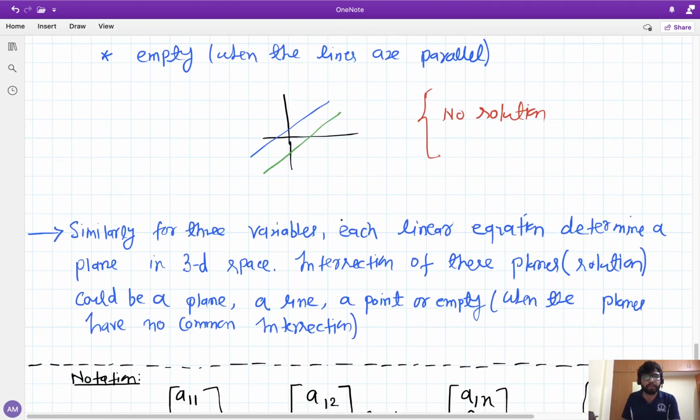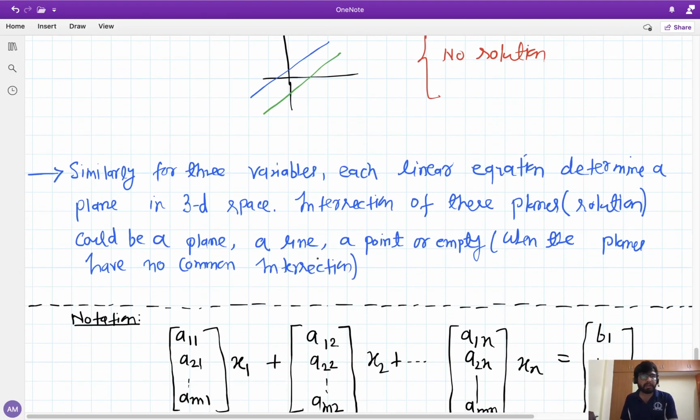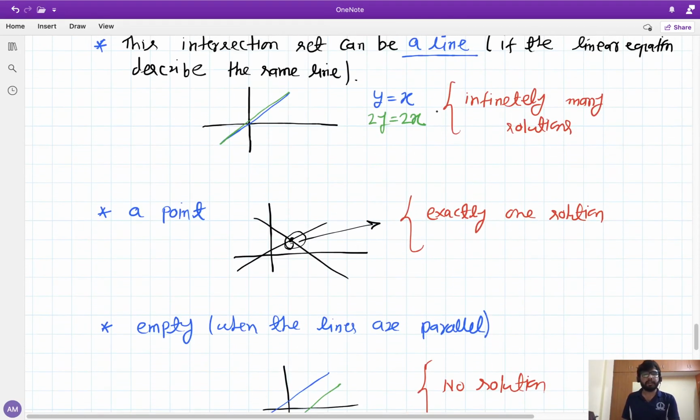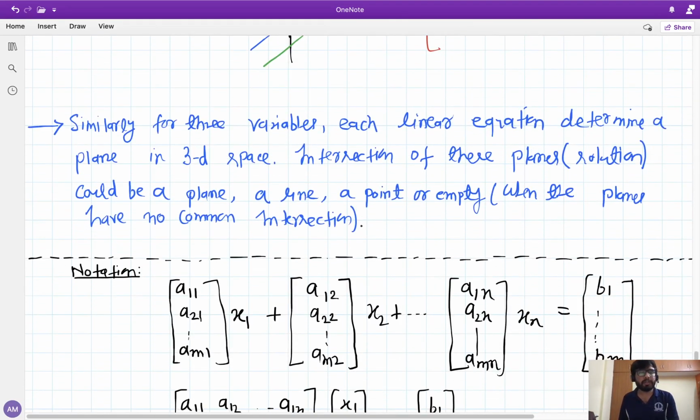When you move to 3D space, the intersection of these planes could be a plane, a line, a point, or empty when the planes have no common solution. So in the 2D case, the intersection could be a line, point, or empty. In the case of 3D, since we have added one more dimension, the intersection could be a plane, a line, a point, or empty. So these are the possible solutions.